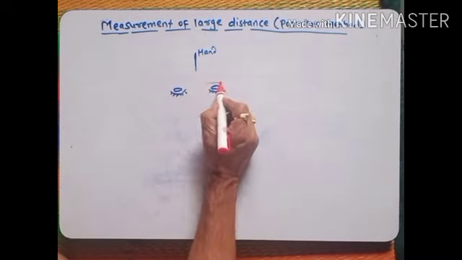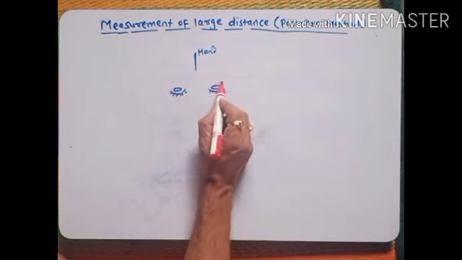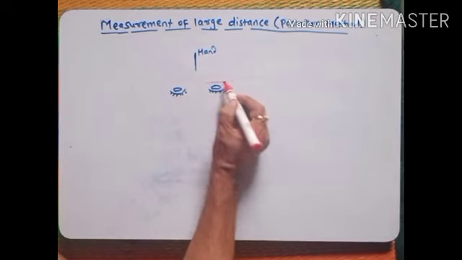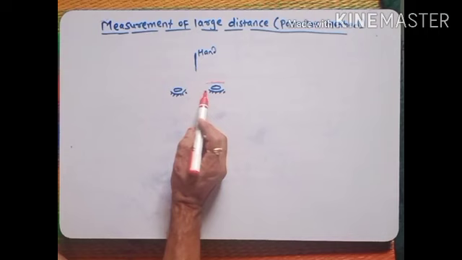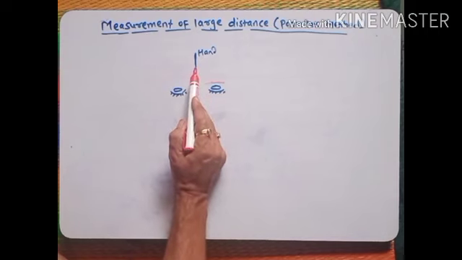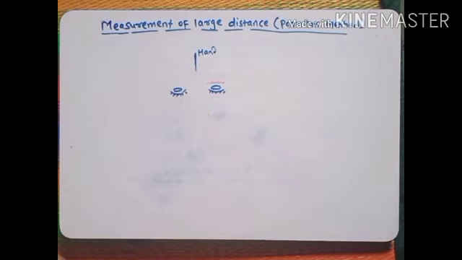We close this eye and view the hand with the other, and we get one position.